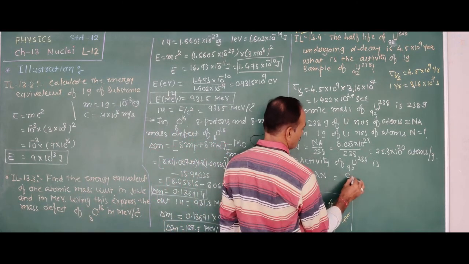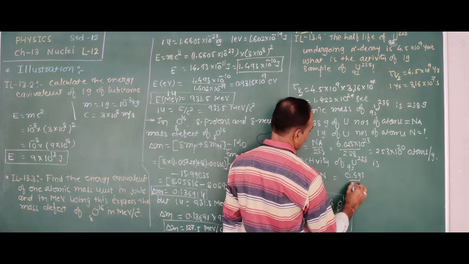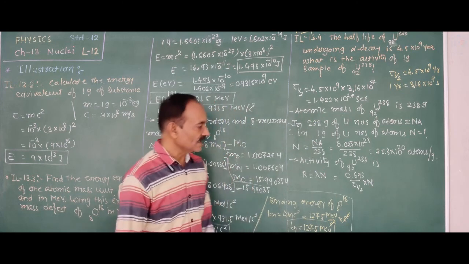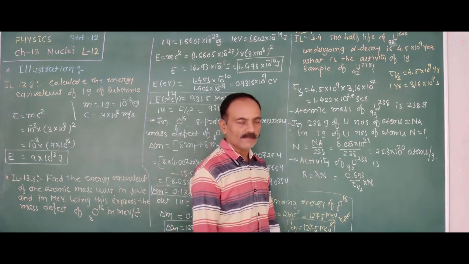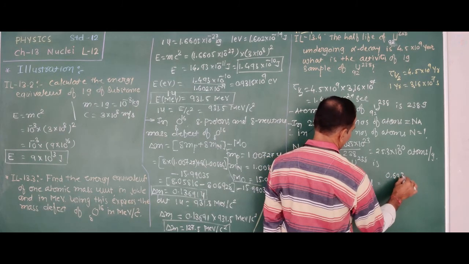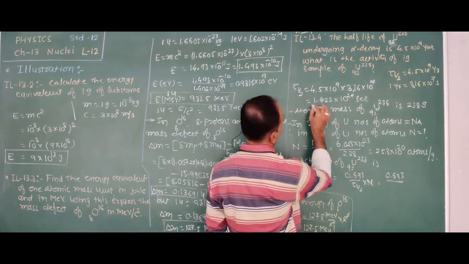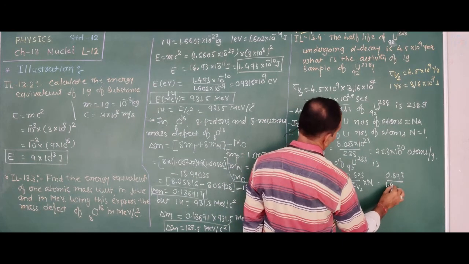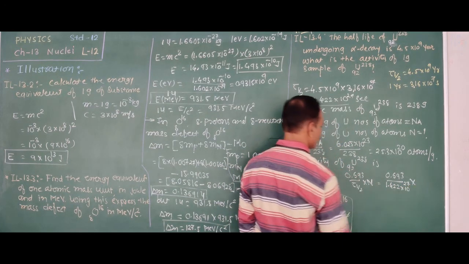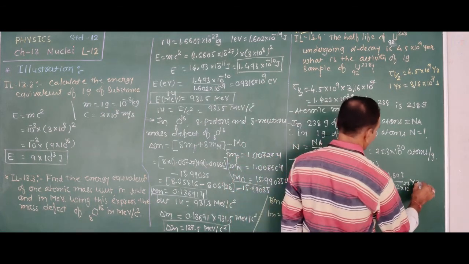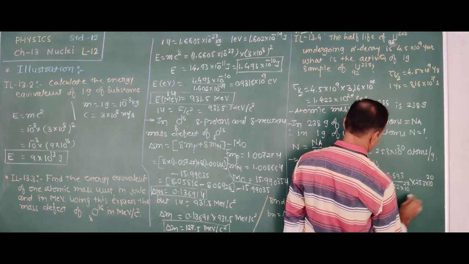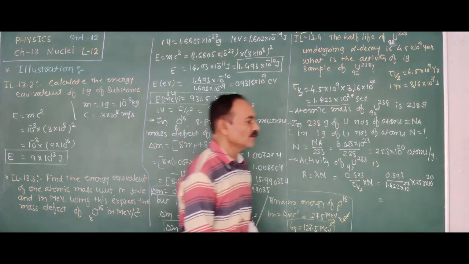Decay constant is 0.693 upon tau half, into N. N is the number of atoms in 1 gram uranium. Therefore, 0.693 upon tau half, already found in seconds, 1.422 into 10^27, into N, 25.3 into 10^20.